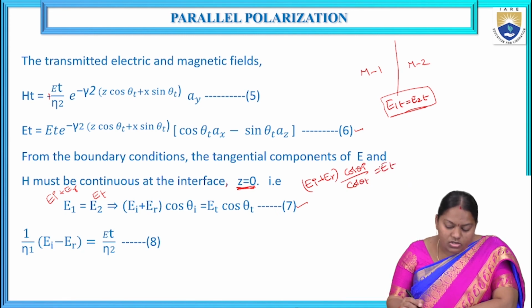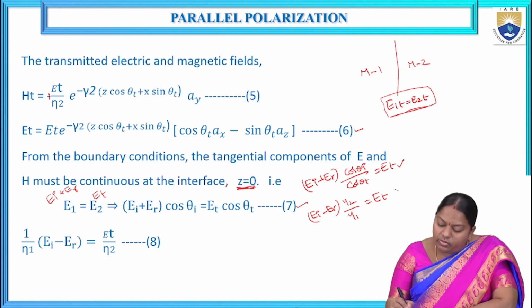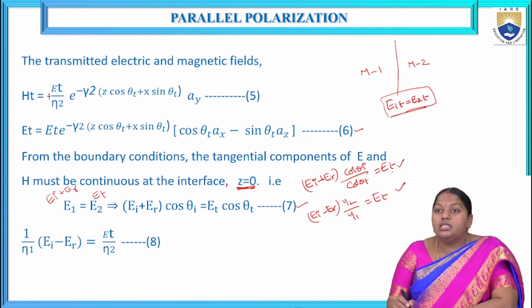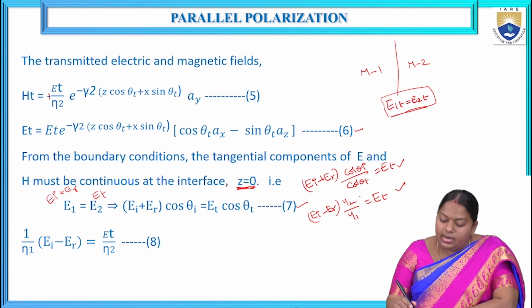And from the other equation, if you take eta 2 to that side, EI minus ER into eta 2 by eta 1 equal to ET. Right? If you observe these two equations, the RHS is ET and ET only. If the RHS of these two are the same, the LHS of these two are also the same.